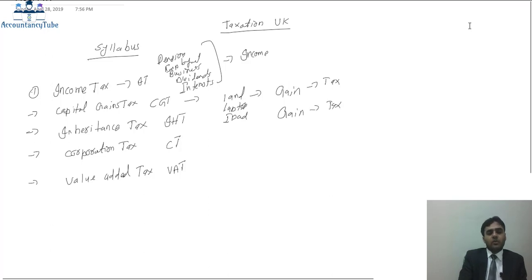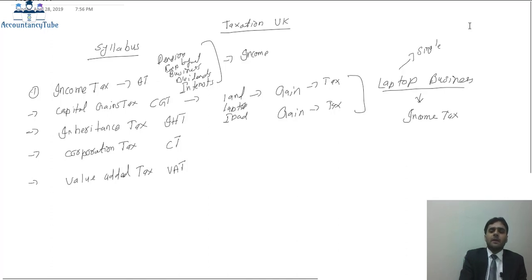But please do not confuse this: if you are running, say, a laptop selling business, then you are selling laptops, but in a business case the tax you will have to pay will be income tax, not capital gains tax. However, if you had only one single laptop for your personal use, then you will have to pay CGT, the capital gains tax, whenever you sell that.